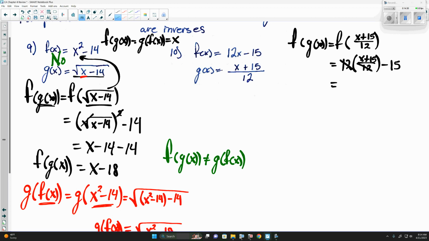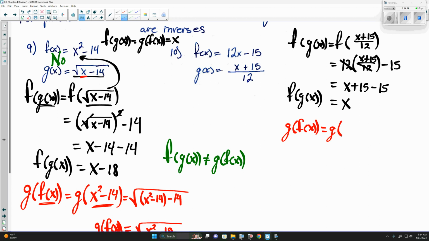Well, the 12 and 12 will cancel, telling me that I have x plus 15 minus 15, which is equal to x. So f of g of x is x. Questions on this here so far?